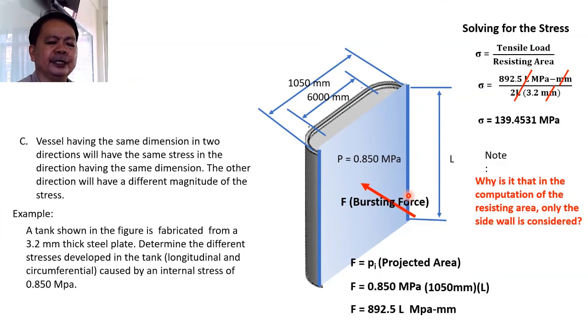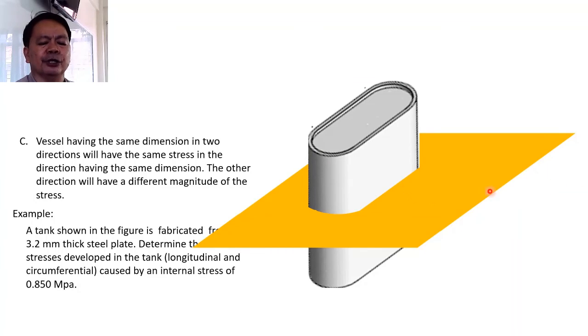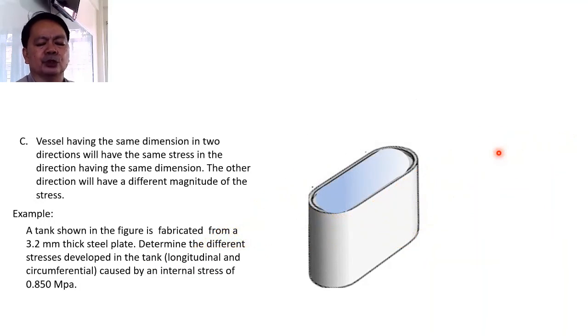And for the third stress that will be developed, when we pass an exploratory section in this direction, we shall be getting here the longitudinal stress that is taken in this part. So if we will be isolating the lower part, this is what we would see. Kaya pag in-isolate natin yan, due to the pressure inside, meron tayong 0.85 megapascal.